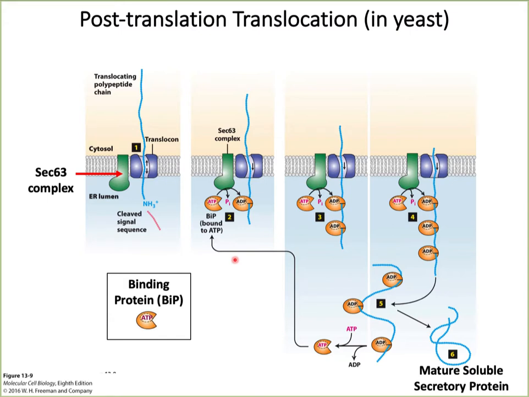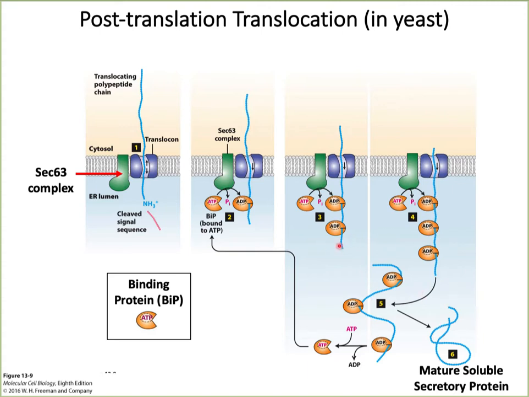This is an energy consuming reaction, so ATP is hydrolyzed. As the protein continues to move inside, it is constantly being added with these ADPs over this process. So you can see that this is an ATP hydrolysis, and the ADPs are added on every 30 residues of this protein.